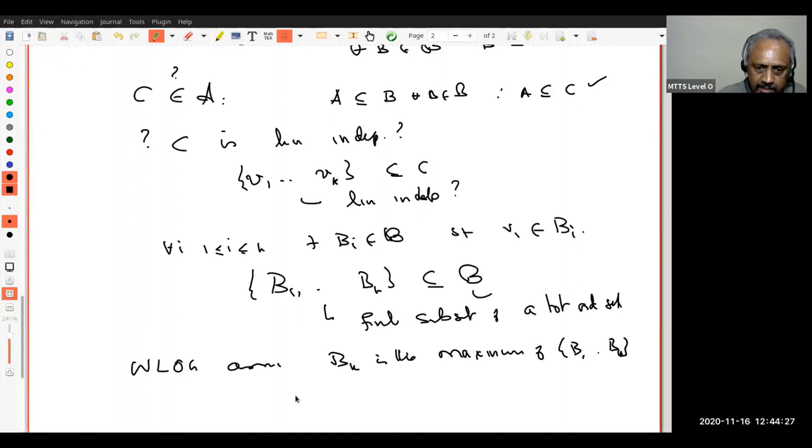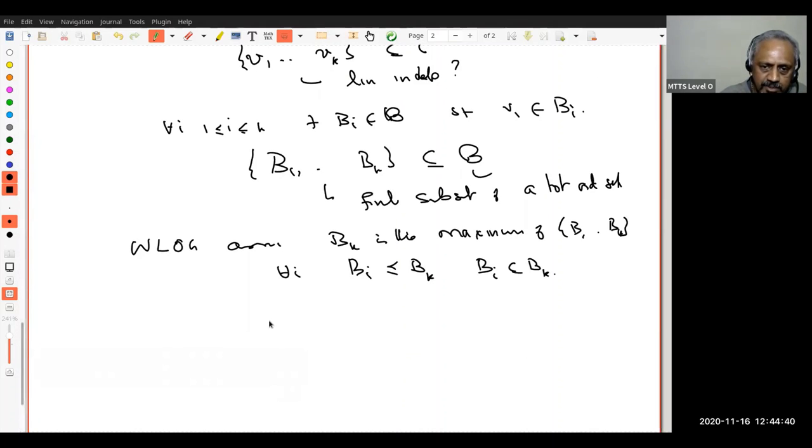What does that mean? This means for all i, Bi is less than or equal to Bk, that is, Bi is contained in Bk. But what does that mean? This means my V1, V2, ..., Vk are all in Bk.